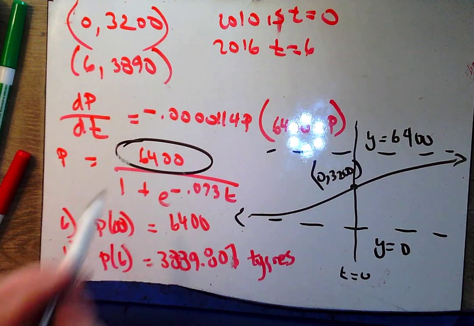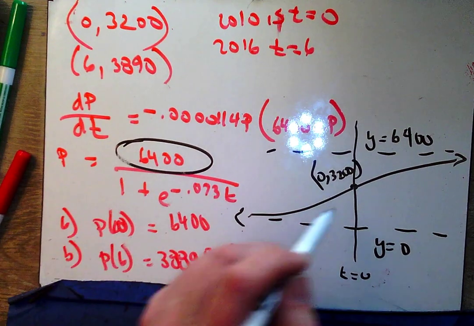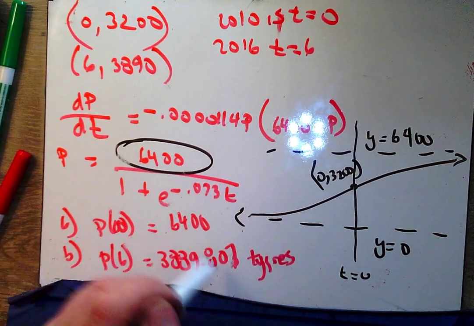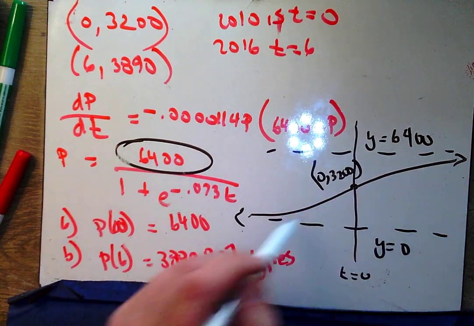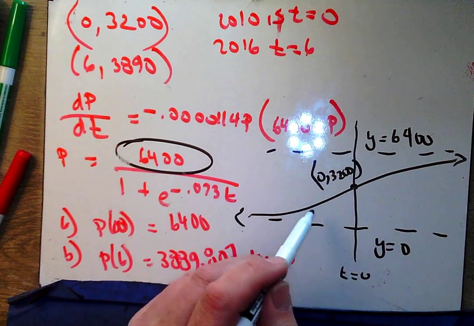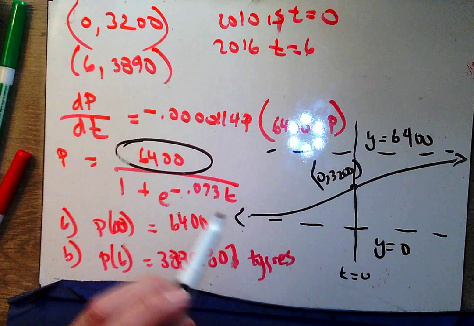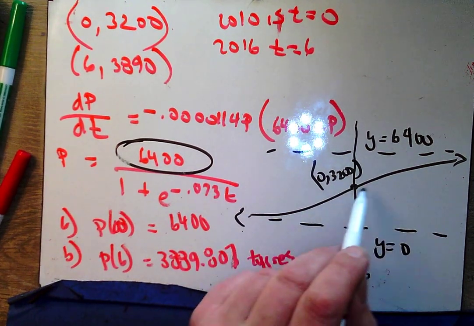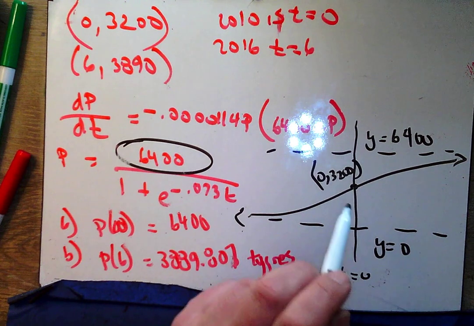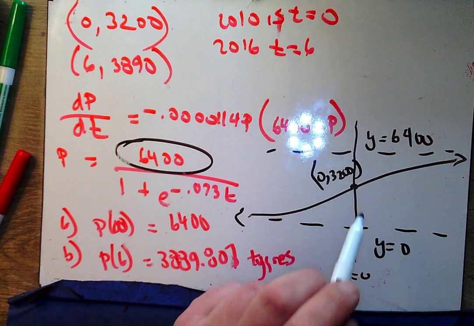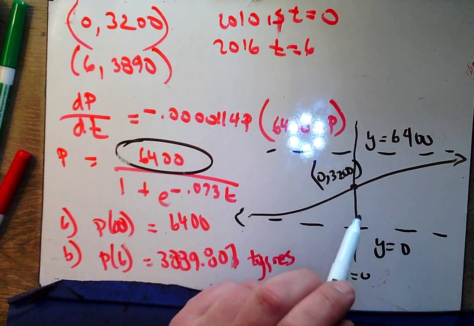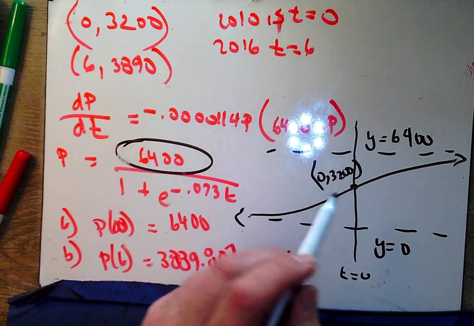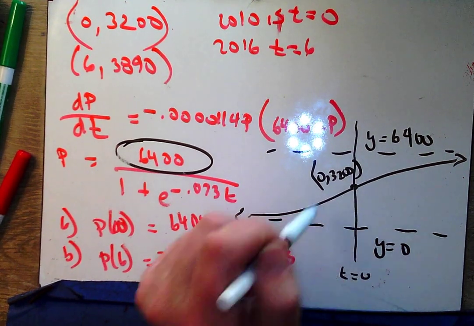Okay, but what do we know? Well, what we know is the rate of change in p. This logistic curve here is p. The rate of change in p is the slopes on p. I see positive slopes everywhere. But where are the slopes on p greatest? Well, I'm not sure.